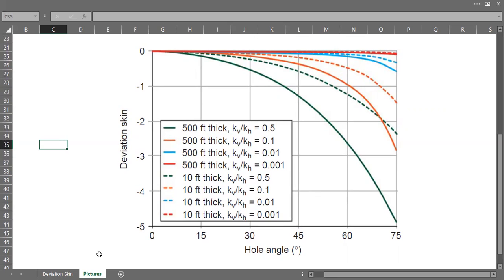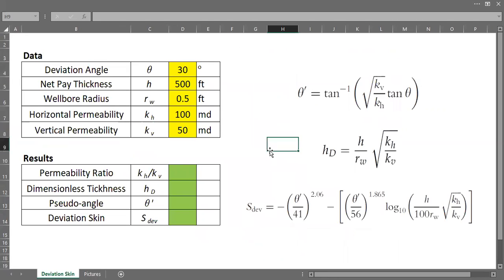Okay, so now we go to our case. For example, we have a deviated well with a deviation angle of 30 degrees, and the reservoir has a net pay thickness H of, for example, 500 feet, just for example.